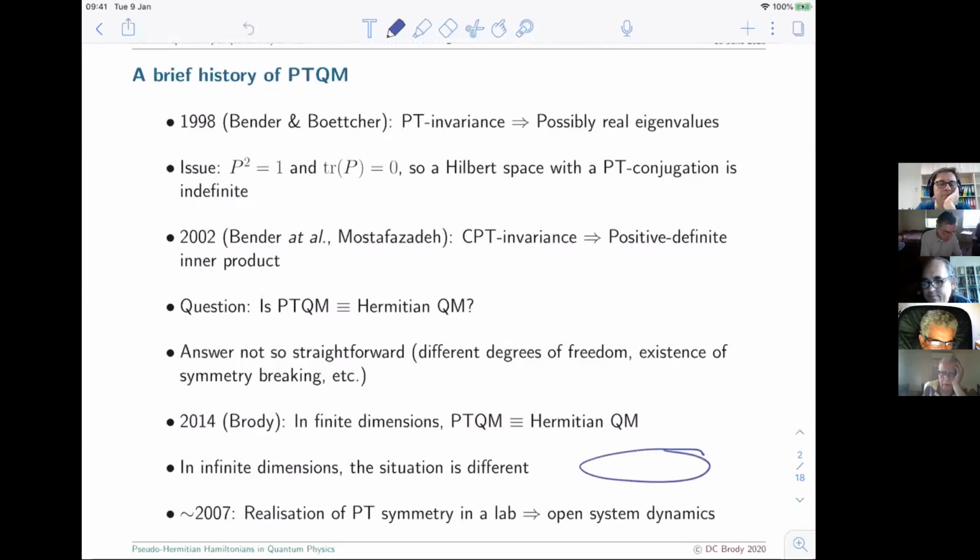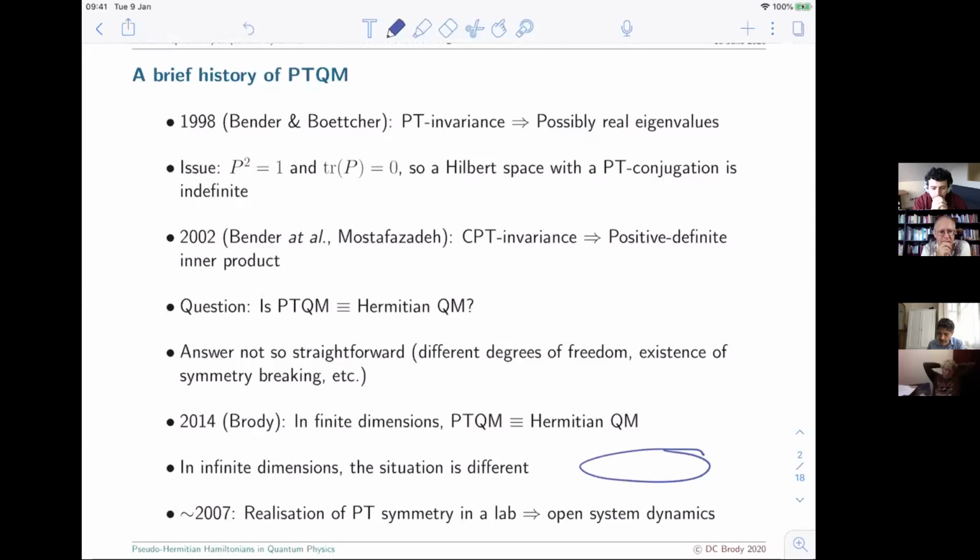Imagine you have a system, and on the left-hand side, you pump energy in. On the right-hand side, you drain energy out. Now, if you apply the parity reversal, then gain becomes loss and loss becomes gain. But if you now also reverse things in time, then you restore the original configuration, or what appears to be the original configuration.